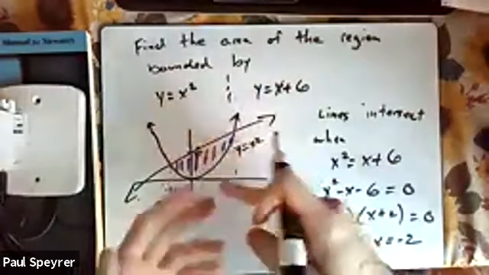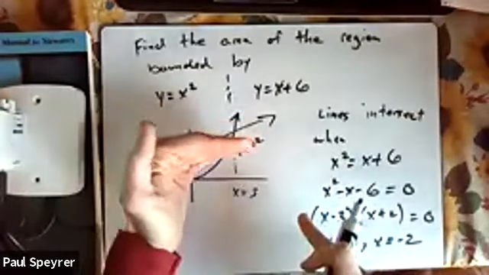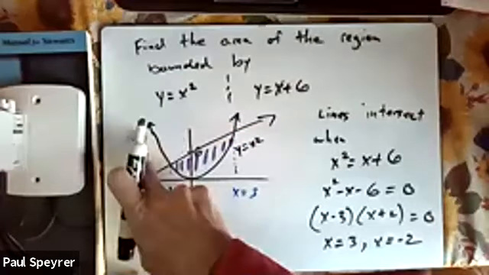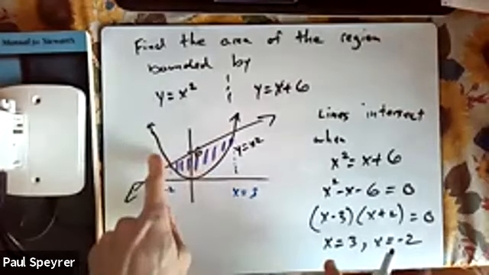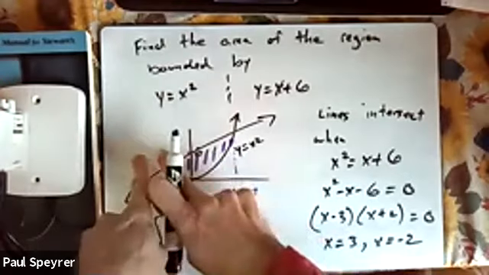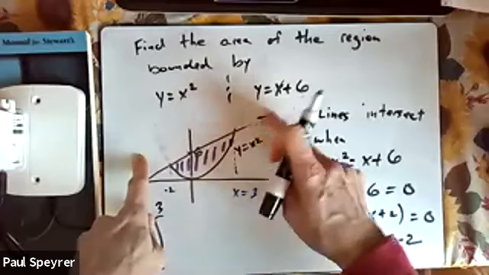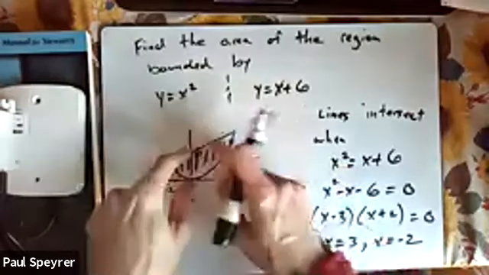What is the upper curve in this instance right here? It's the higher curve with respect to the shaded region that you're trying to find. So you're not going to say, oh, it's the x squared, that's the higher curve. No, we're only looking at this component, right? This is what we're looking for, this purple stuff right here.